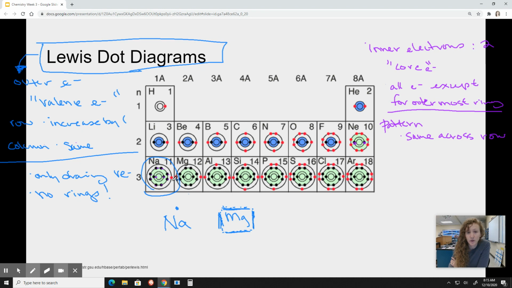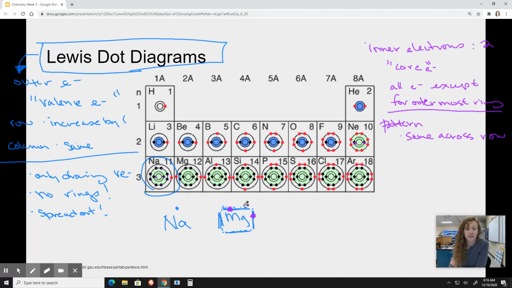Also, another thing you want to know is electrons are going to spread out if they can. So if you have multiple electrons, you're going to spread those out on the sides. So for magnesium, for example, if we were to draw the 2 electrons that magnesium has, we draw 1 electron here on one side, we draw the second electron on the other side.